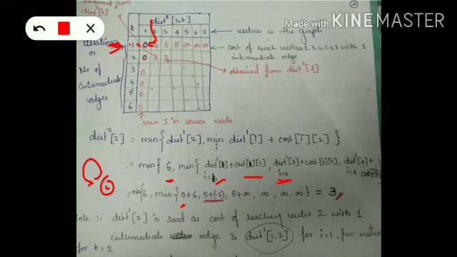So this time dist^1[3], I will obtain it from the first iteration, reaching vertex 3 is 5, plus cost[3, 2], I'll get it from the graph. I have an edge from 3 to 2 which has a negative value, minus 3. So here I get 5 minus 3, which is 2.